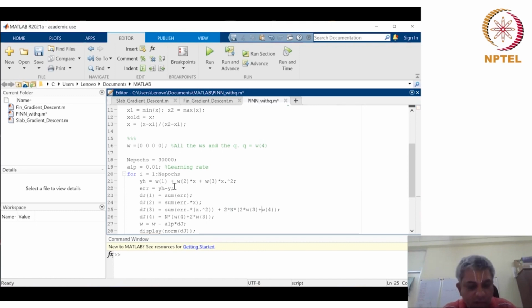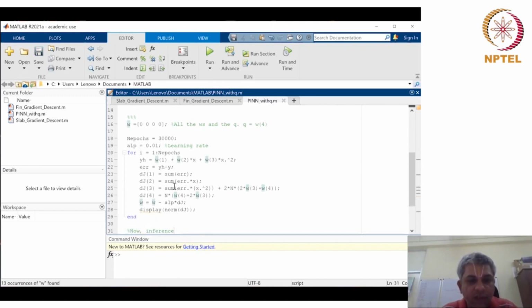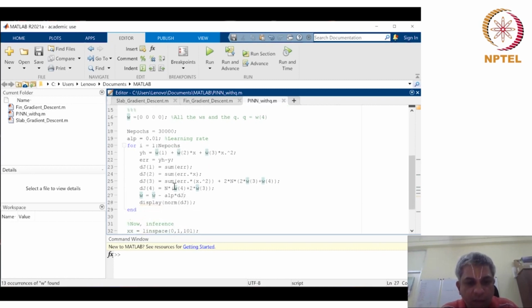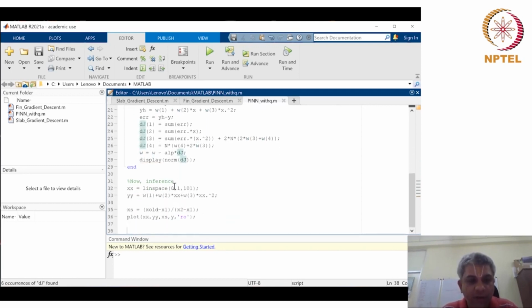It doesn't matter because it will just give you the negative of the value. Let's check if it works. All I have done is W is W minus alpha times del J del W. I'm just printing it out, and I'm going to finally print out what it looks like. Let's see how it works.